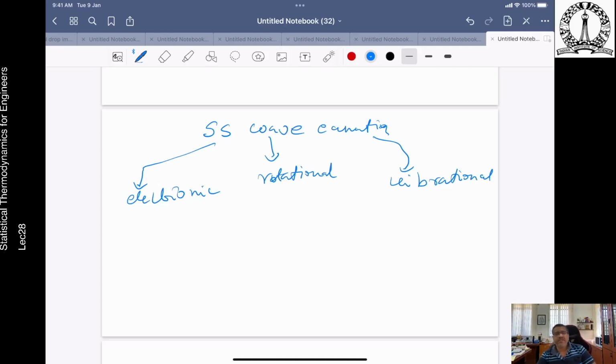For atoms, our task was easy, as electronic motion underlies the only internal energy mode.